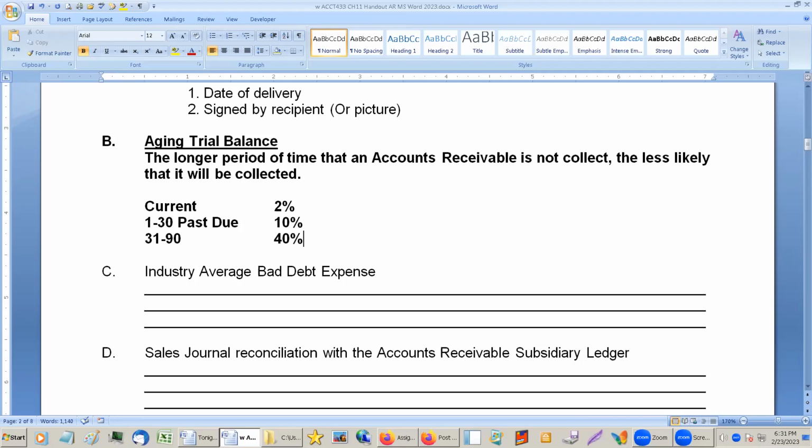Okay. Industry average of bad debt expense.